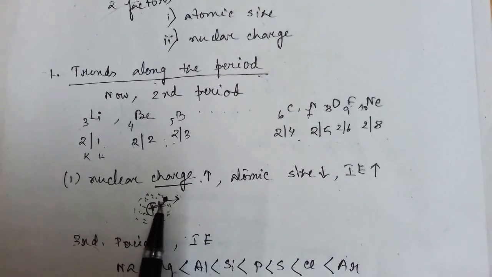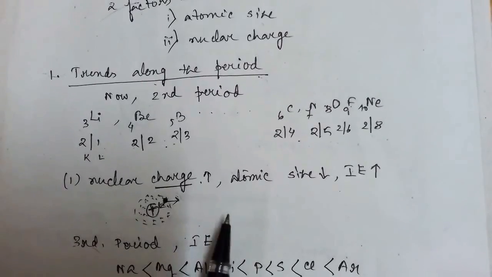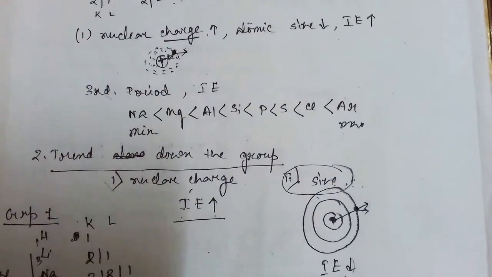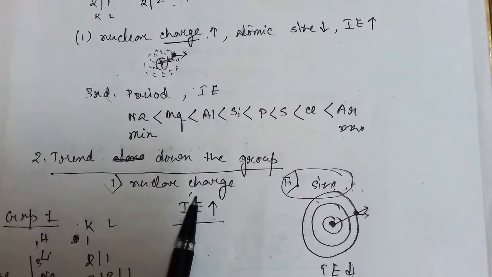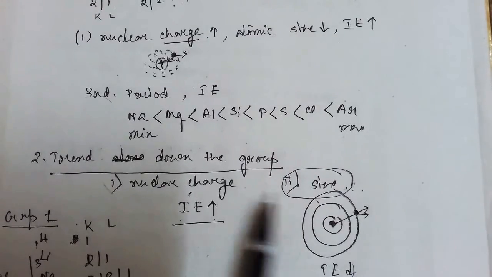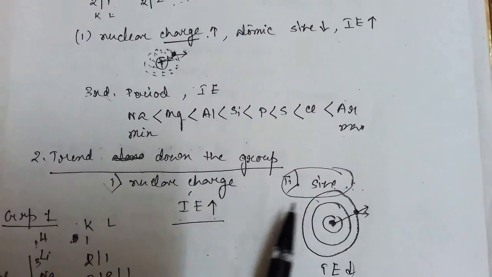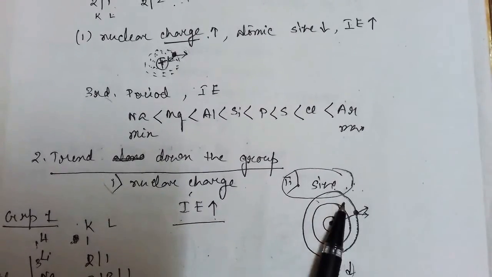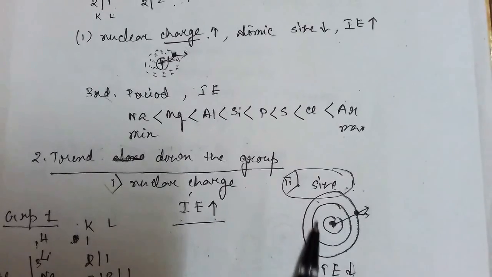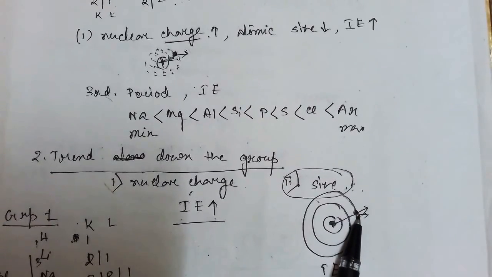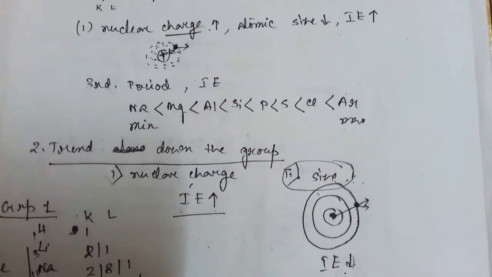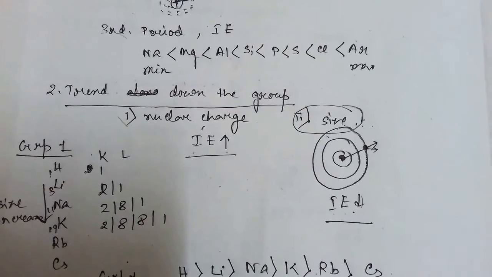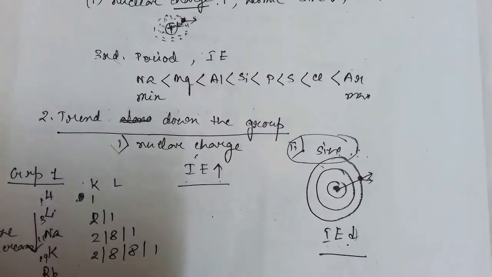So the tightly bound electron needs more energy to be removed, and ionization energy increases. Down the group, nuclear charge is increasing but the size is also increasing. These two opposing factors act against each other, and the second factor, size, predominates over the first. With the increase in size, the outermost electron is loosely bound, and so ionization energy decreases down the group. These two things we have read in this class.